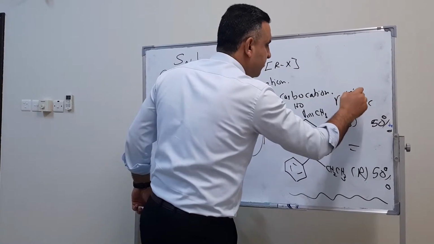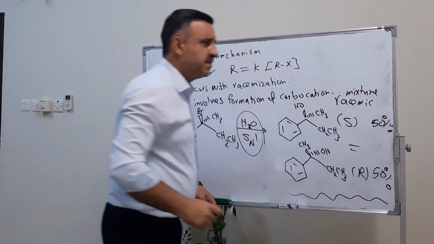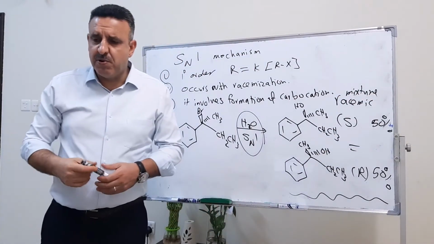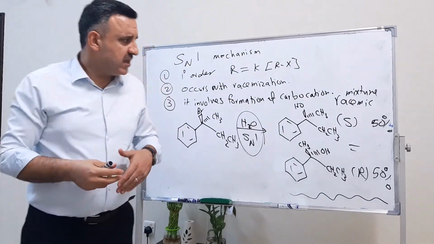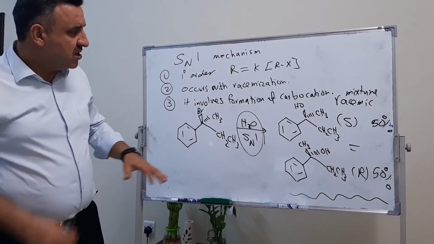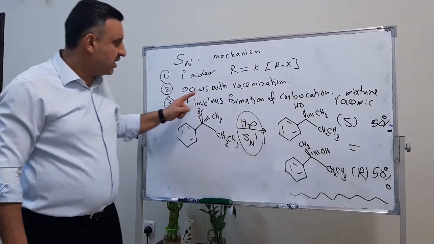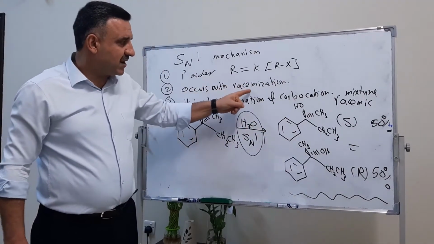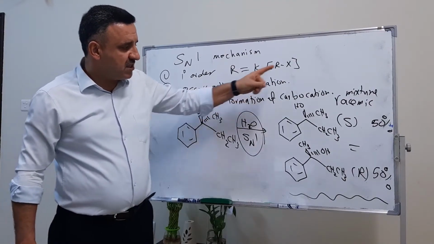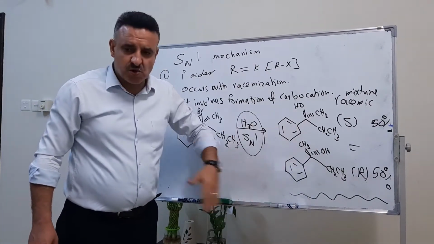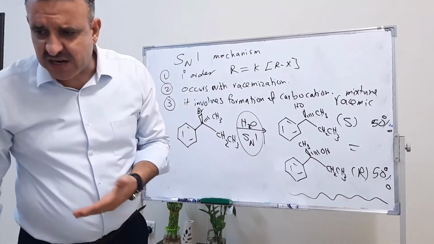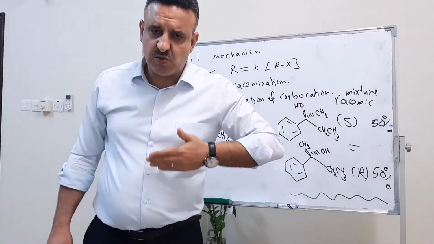Because as we said before, whenever we get an equimolar of both enantiomers, we are talking about a racemic mixture. So any reaction that leads to the formation of a racemic mixture, we call it occurs with racemization. So always the SN1 reaction mechanism leads to racemization.